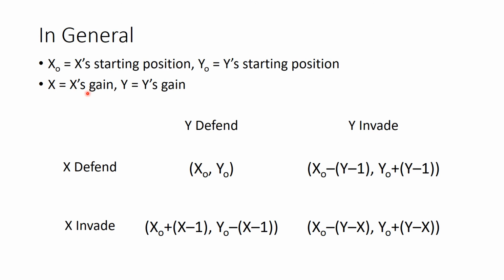And X by itself is X's gain, so down here. And a Y by itself is Y's gain, right here. And we can say if we know what the starting positions of X and Y are, with X's gains and Y's gains, we can actually plug into this formula and figure out how to fill in each individual payoff matrix instead of manually calculating each number out.